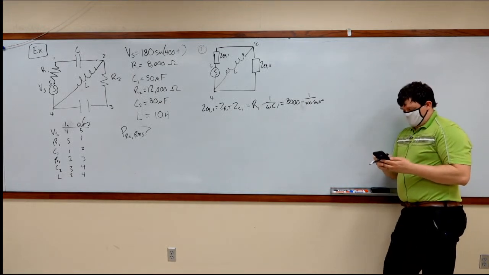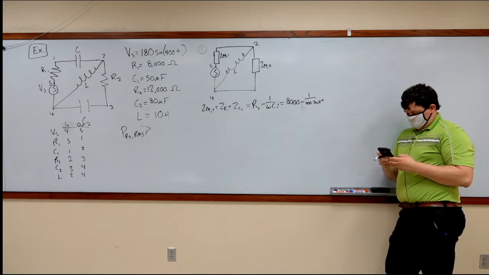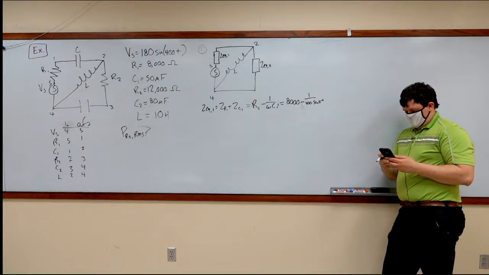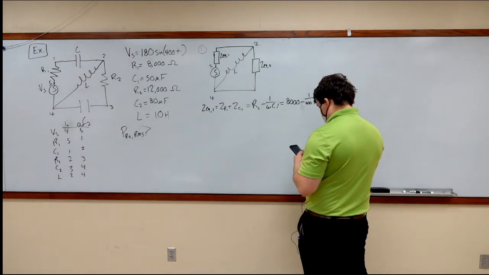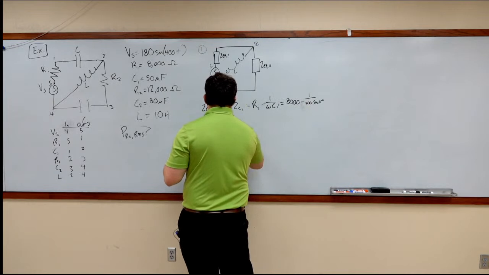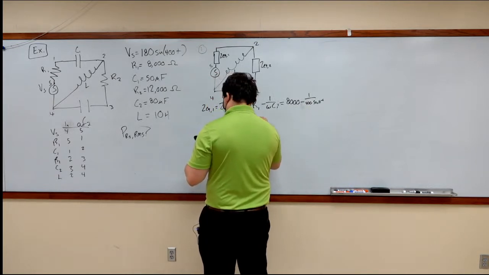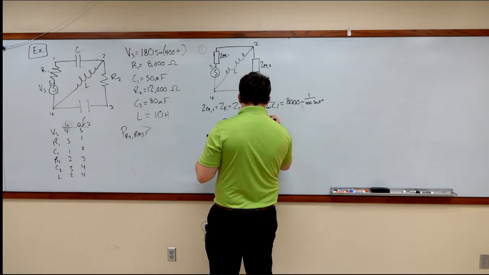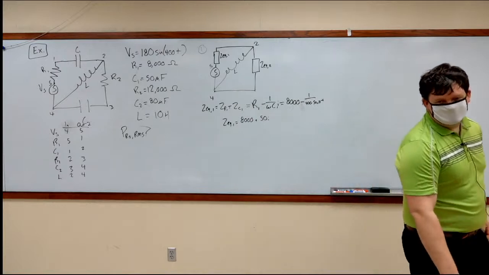So doing that math, ZEQ1 is equal to 8,000 plus 50i. Nice numbers, like that.